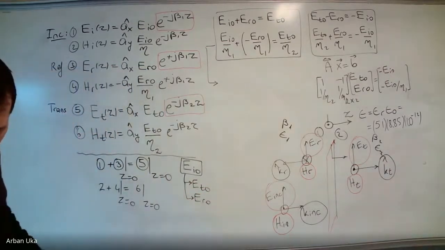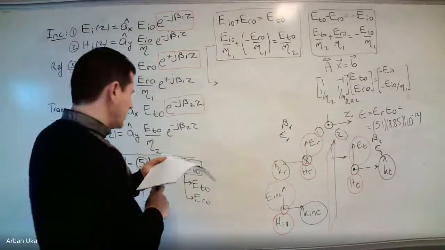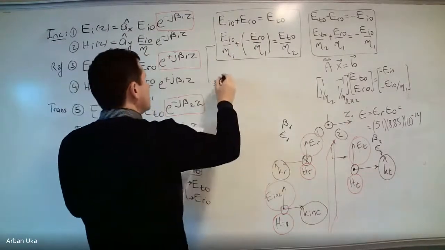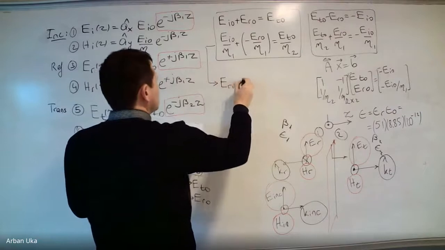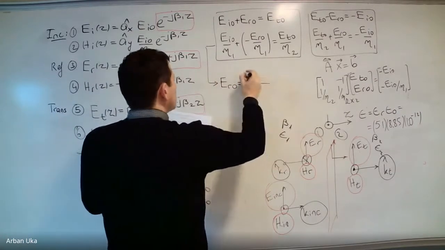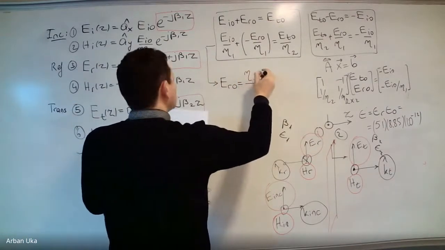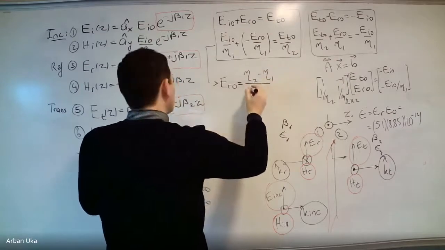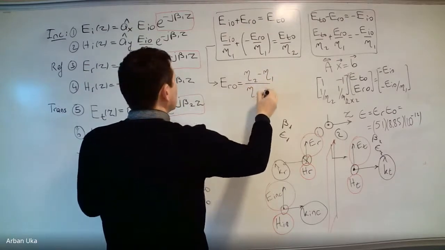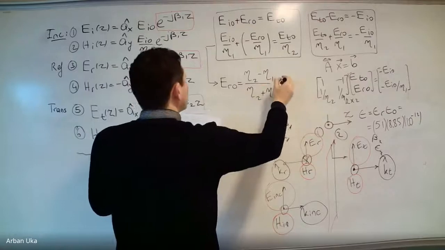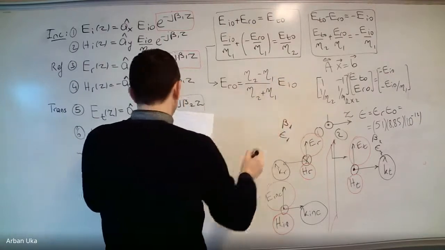And in this case, we can write that ER0 is equal to (eta 2 minus eta 1) over (eta 2 plus eta 1) times EI0.